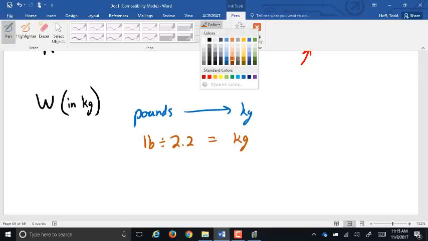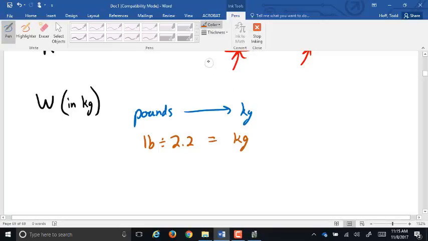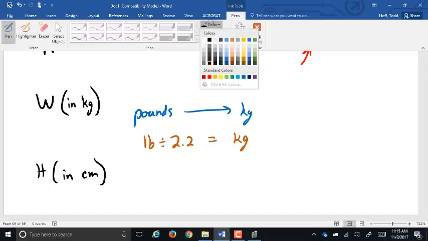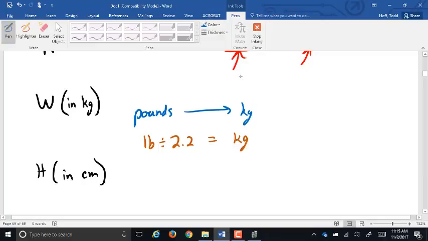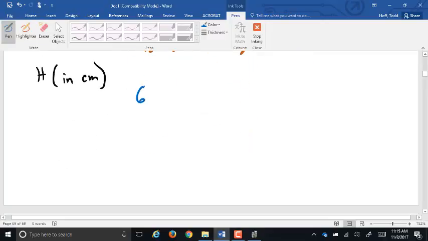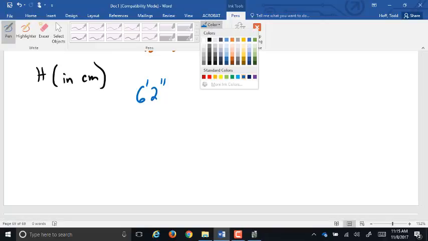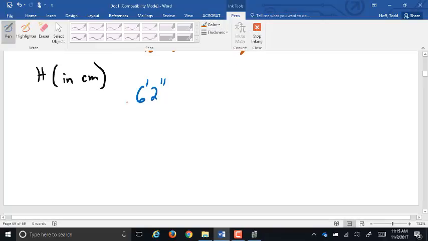Height is given in feet and inches. For the formulas, we need height in centimeters. So we need to convert those. Now I'm going to give you an example. I am 6'2". If I needed to convert my height into centimeters, can anybody tell me what I should do?